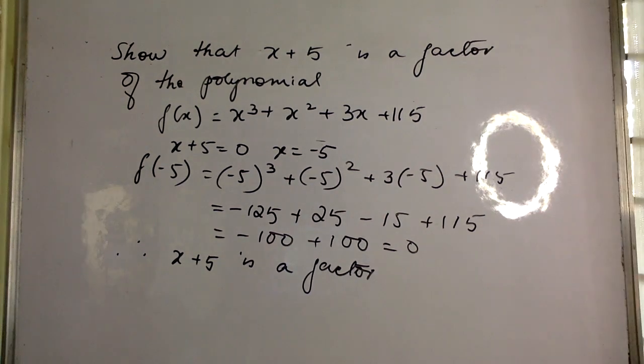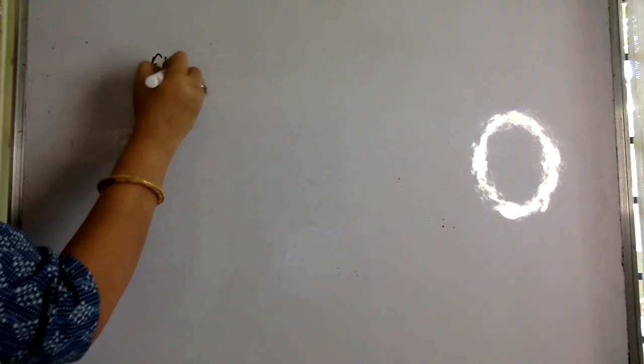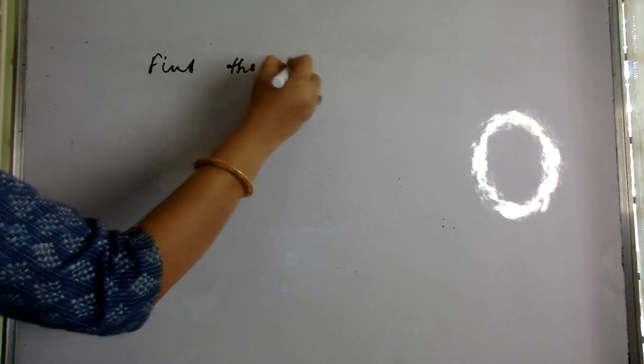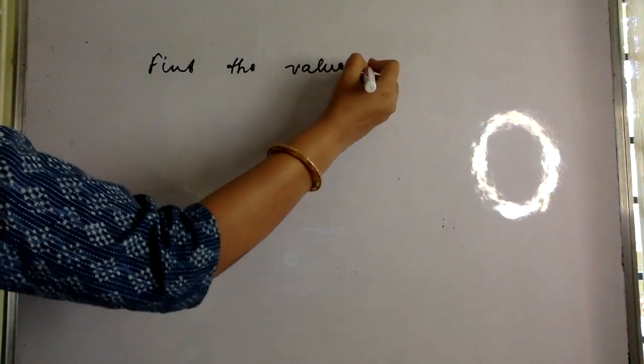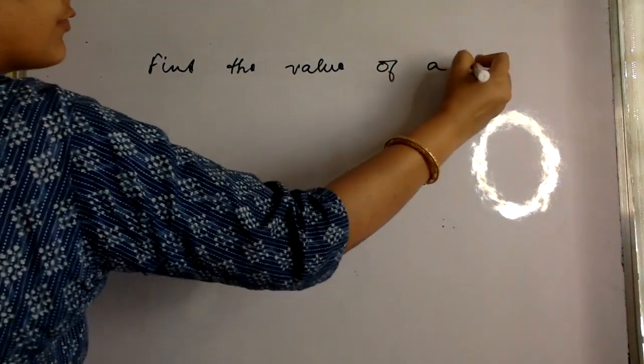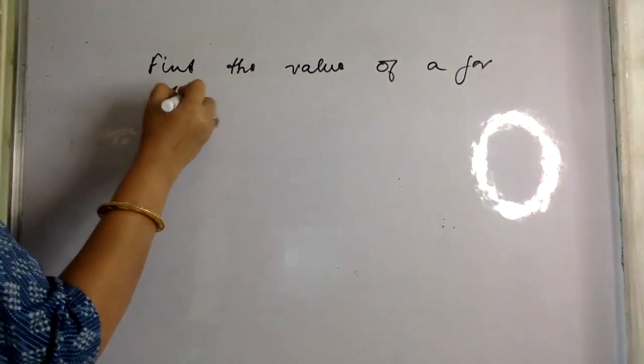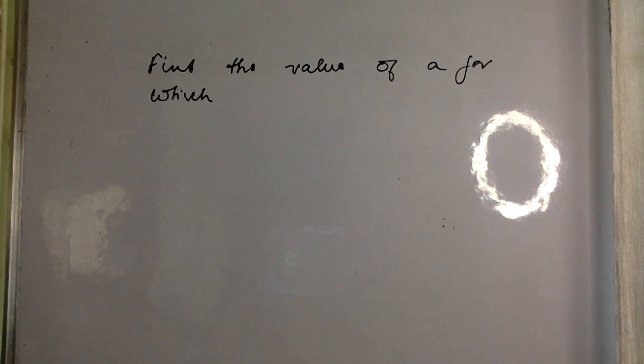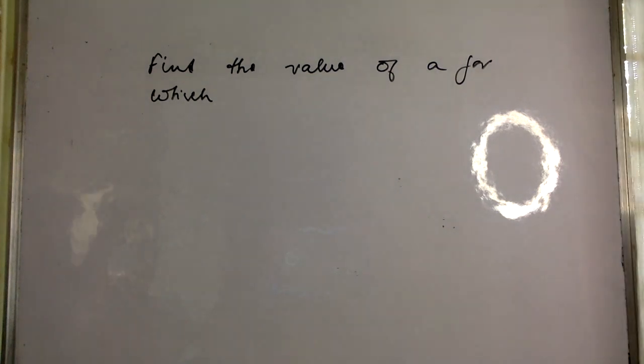Next question. Find the value of a for which, now there's a slight twist. Now remember one thing, whenever I do sums in any of my videos, I try to pick up every type.